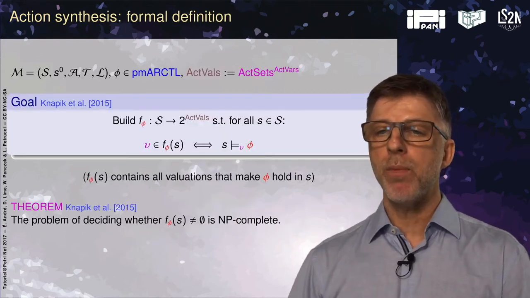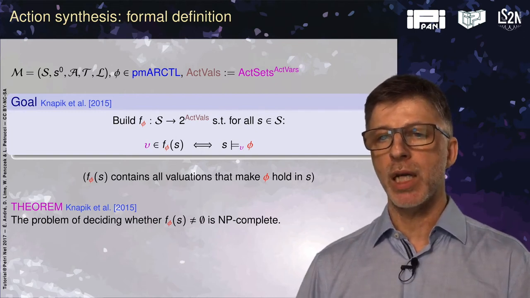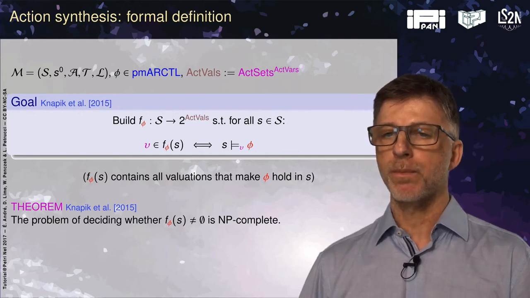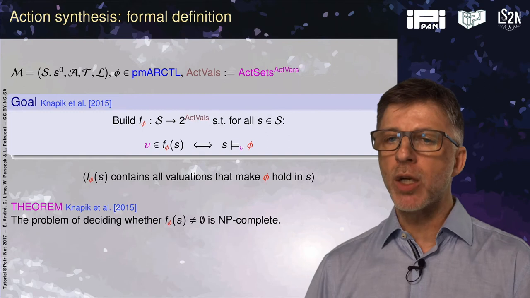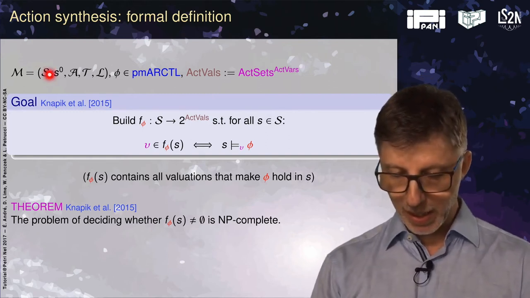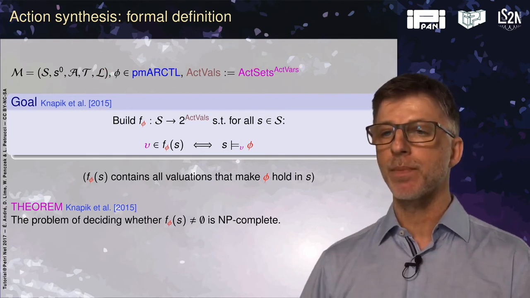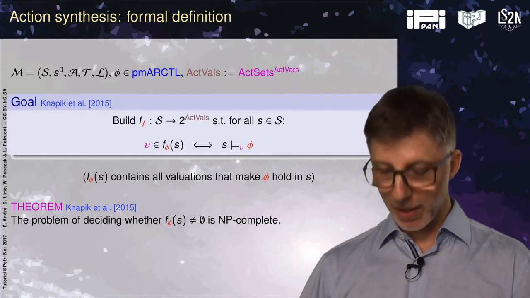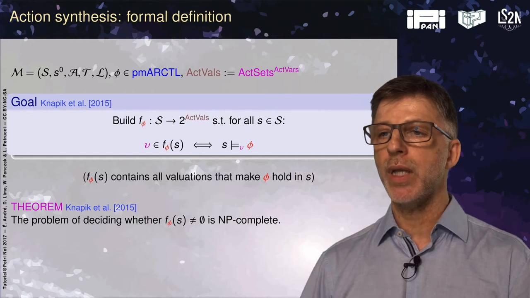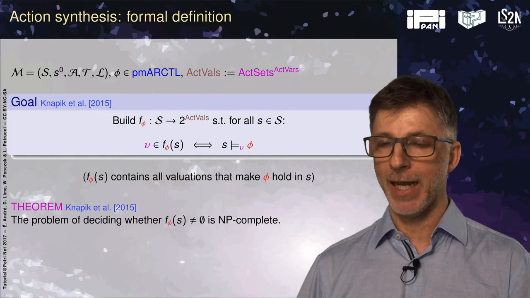So let me now put it in a bit more formal framework, just give a more formal presentation of the goal we are aiming at. So we are given a model, we are given a formula phi from our logic, and let's define the set ActVals, which is the set of all the valuations of action variables. Okay?